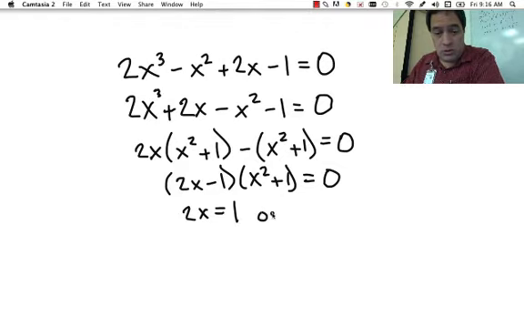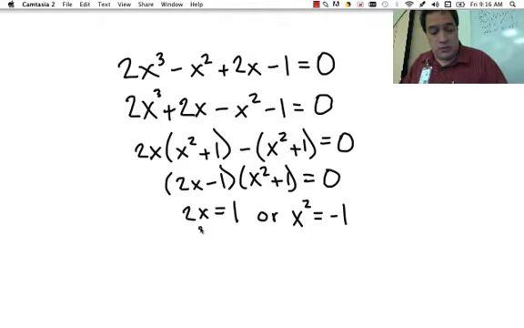Or x squared has to equal the additive inverse of +1. So x squared would have to be equal to -1. To simplify this, we divide both sides by 2.